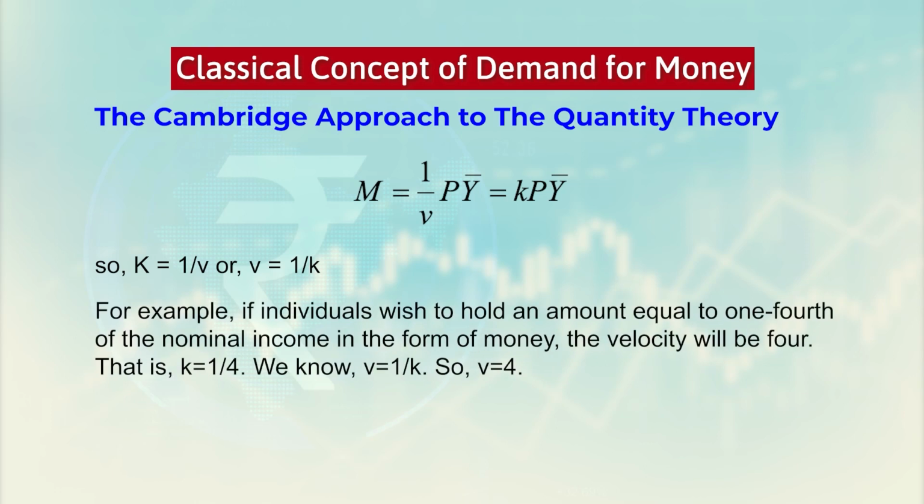For example, we can say that if the individual wishes to hold an amount equal to 1/4 of the nominal income, say my nominal income is rupees 100 and I want to hold 1/4 of this nominal income, say rupees 25, in the form of money, because I believe that rupees 25 is good enough to meet my regular demands. In fact, the banking system also banks on this kind of philosophy.